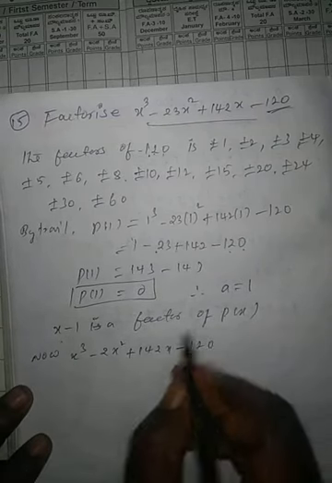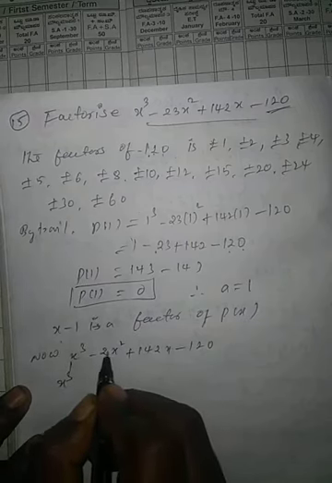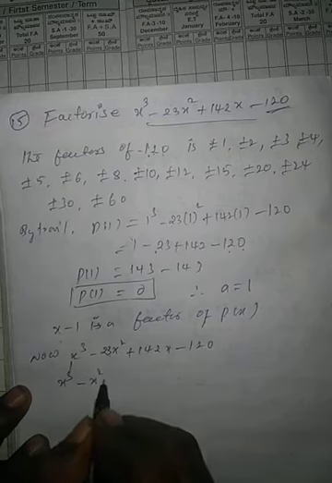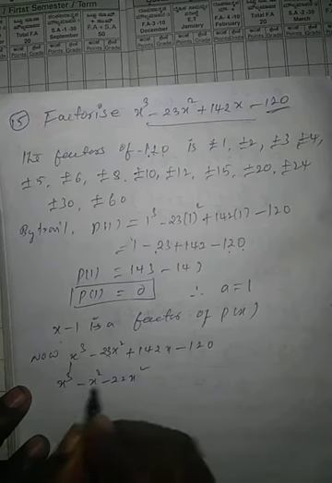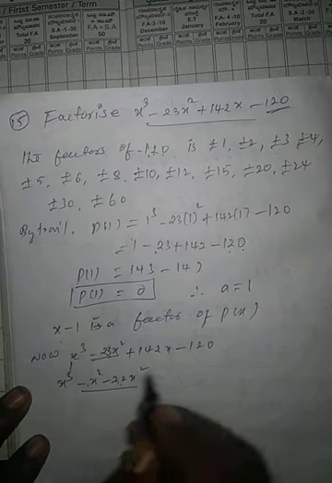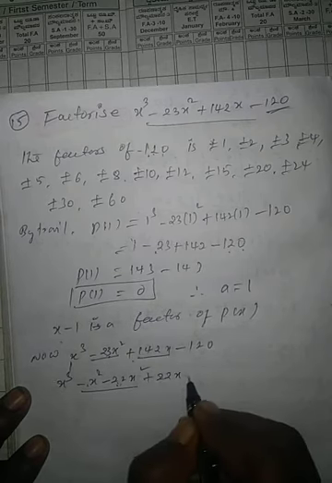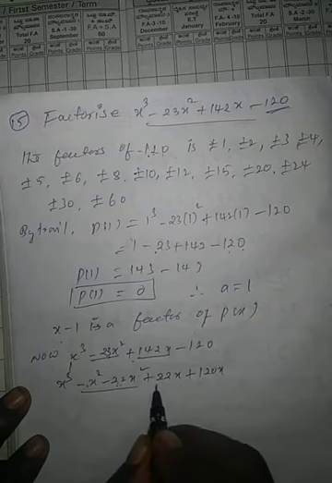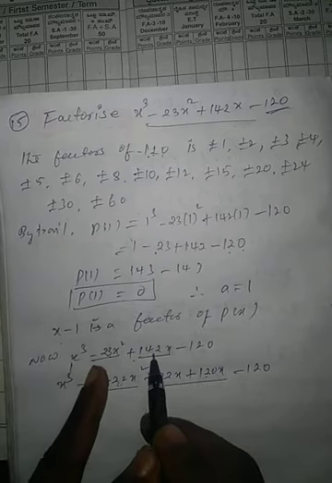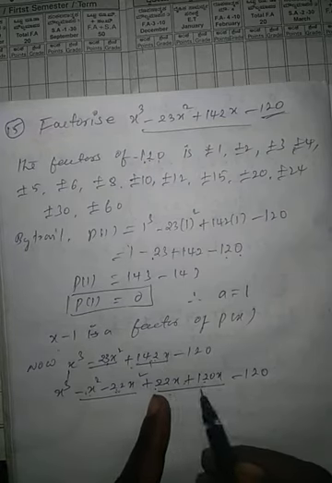According to x minus 1, x cube is as it is, and 23x square I am going to split as minus x square and minus 22x square, because minus 23 is the sum of minus 22 and minus 1. So minus 1 and minus 22, that is minus 23. Similarly, 22x plus 120x is 142x, and minus 120 is as it is. So I am going to split only two terms: minus 23 into minus 22 and minus 1, and plus 142 into plus 22 and plus 120, like that.